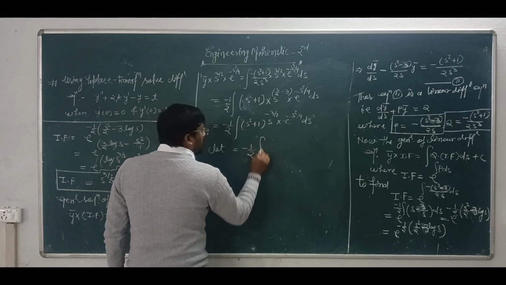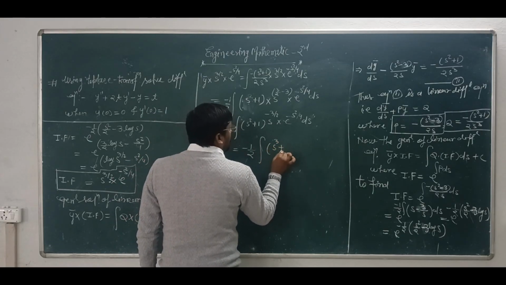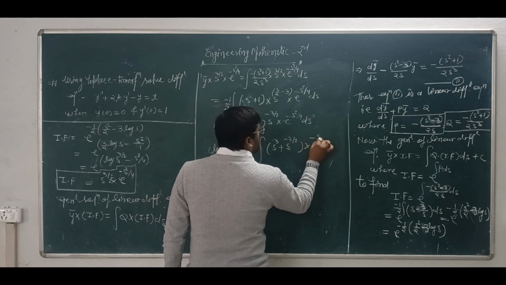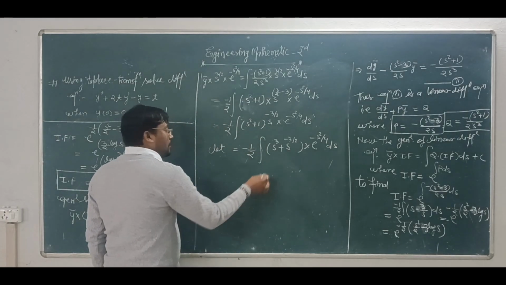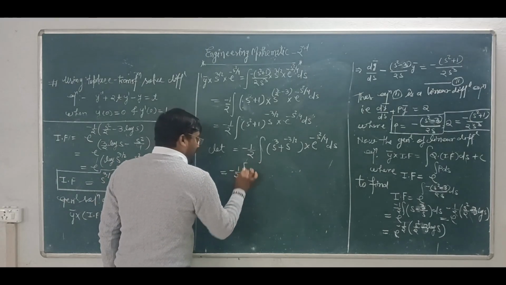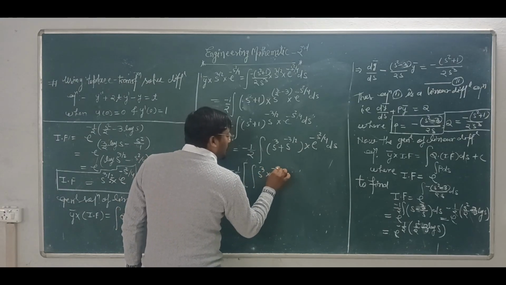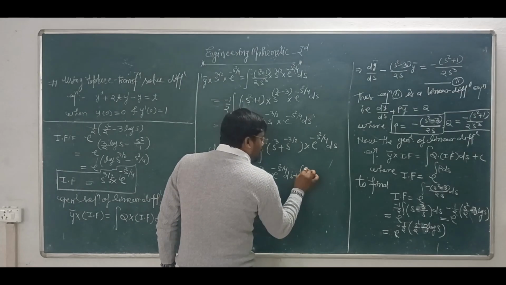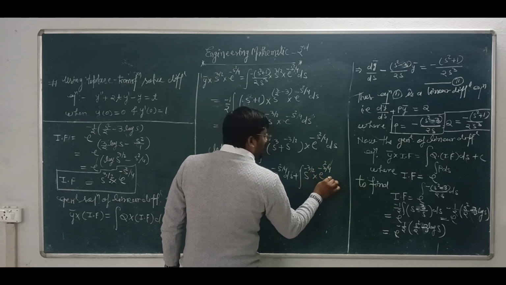Minus 1 by 2 integral, you can multiply this, s cube plus s to the power minus 3 by 2 into e to the power minus s square by 4 into ds. Now you can solve this problem. Minus 1 by 2 bracket integral s cube into e to the power minus s square by 4 into ds plus integral s to the power minus 3 by 2 into e to the power minus s square by 4 into ds.